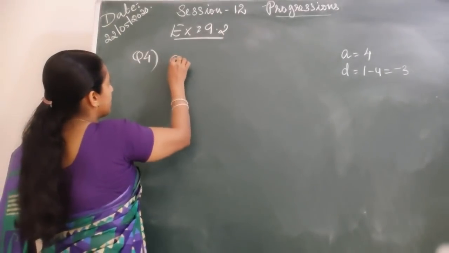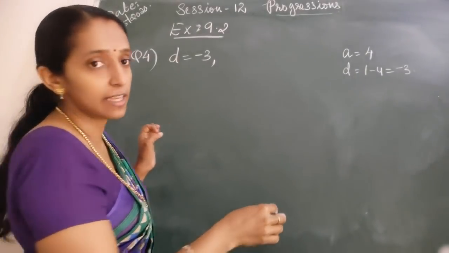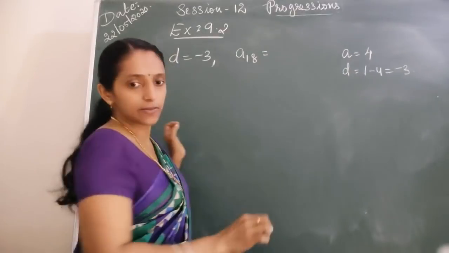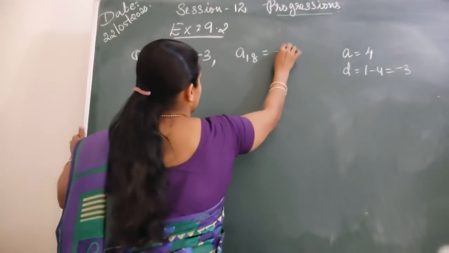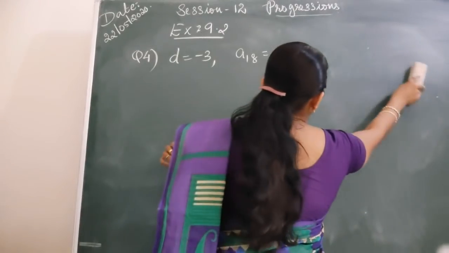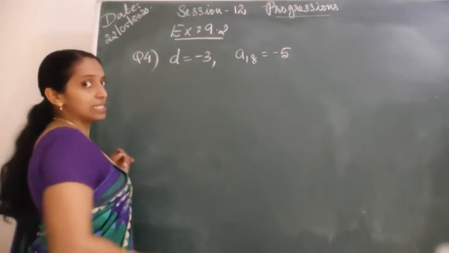D is given as -3, as well as one more term is given, the 18th term. A18 is given as -5. Find the first term. You can calculate the first term by using the 18th term.